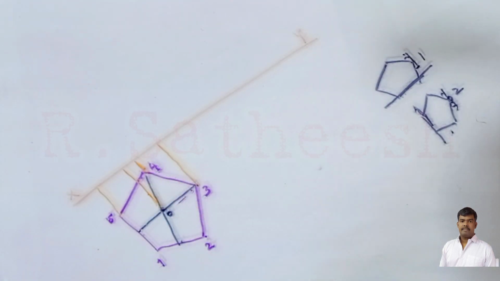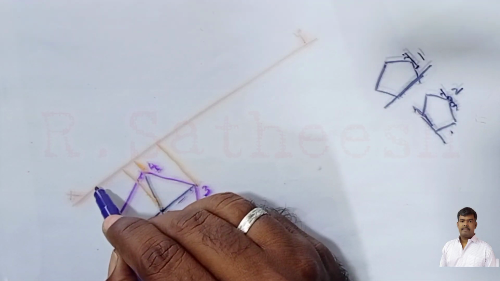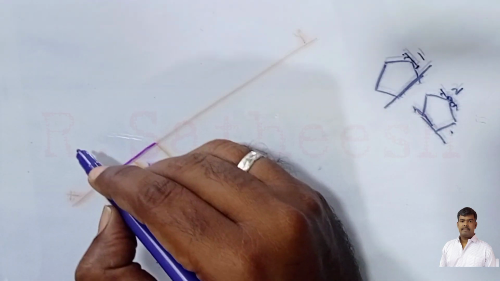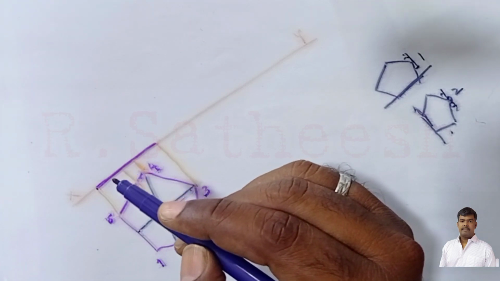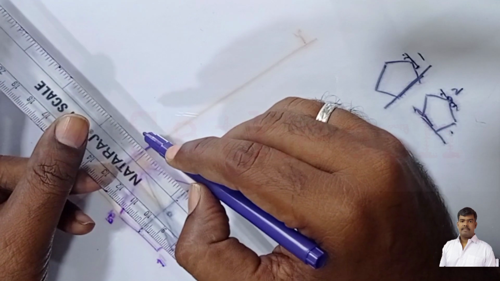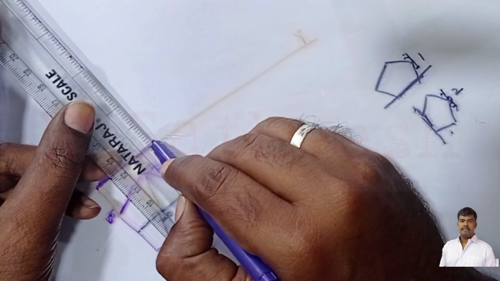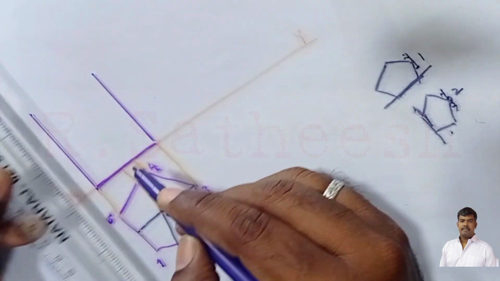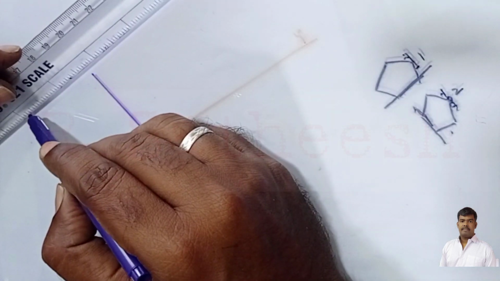Before tilting, the total solid is completely resting on HP, so the base lies completely on HP. How much height is given, that much height we draw. The axis length is 60 mm, so from here to here 60. So this is the prism.